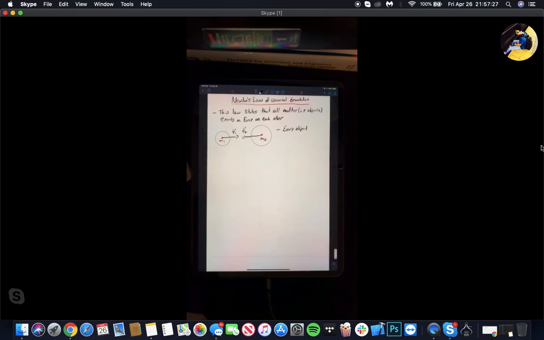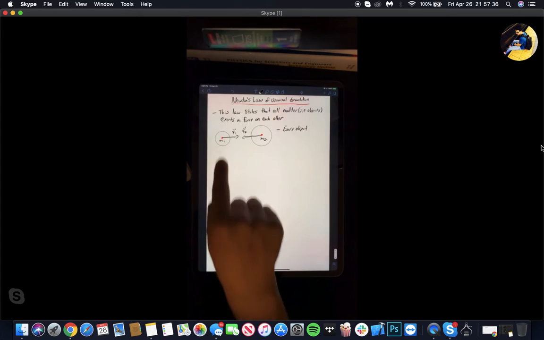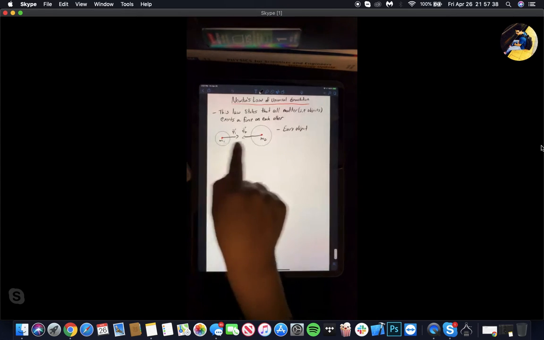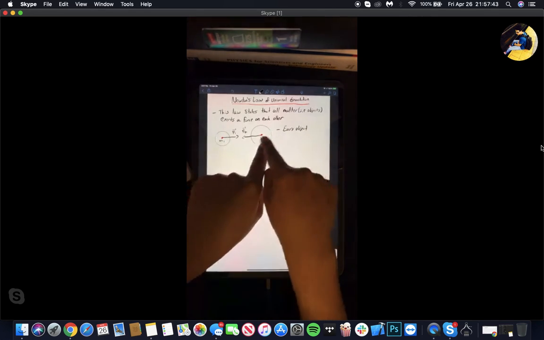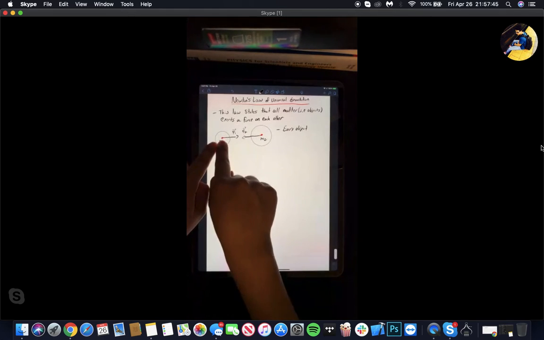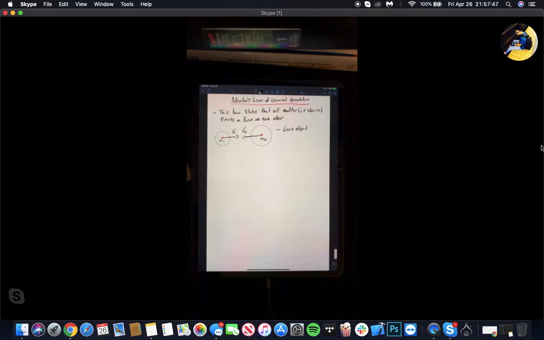The third one just says that for every action, there's an equal but opposite reaction. So force 1 will be exerted onto mass 2, and force 2 will be exerted onto mass 1. Equal but opposite reaction to the other force.